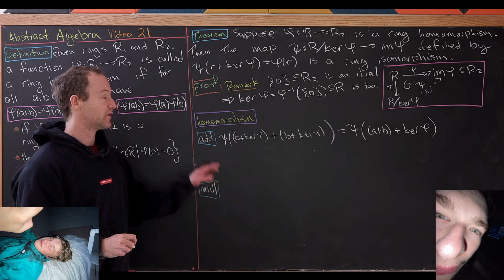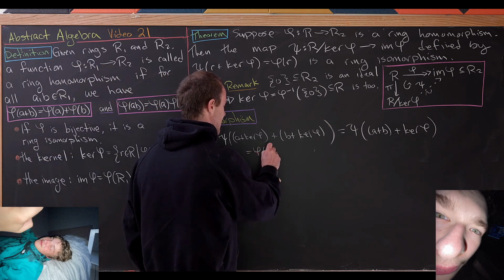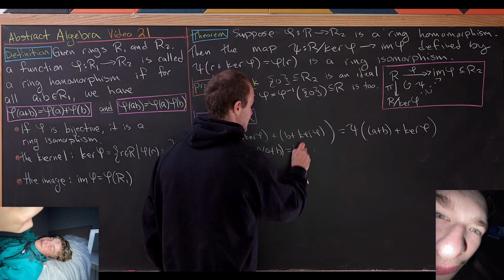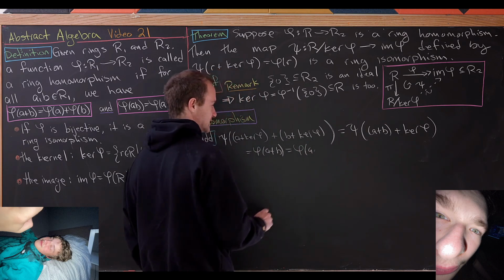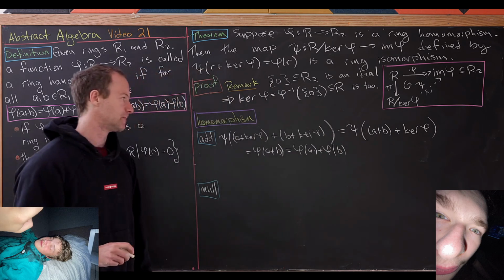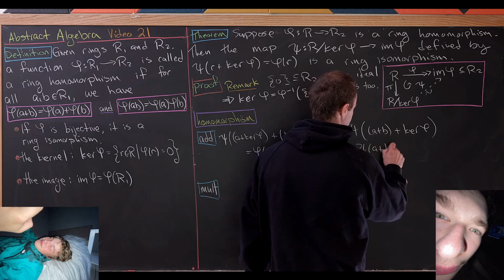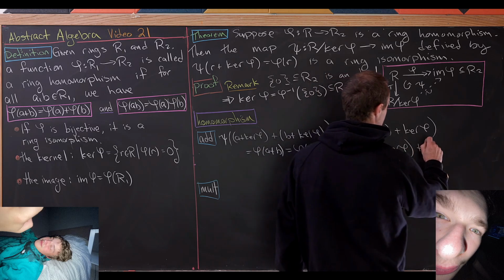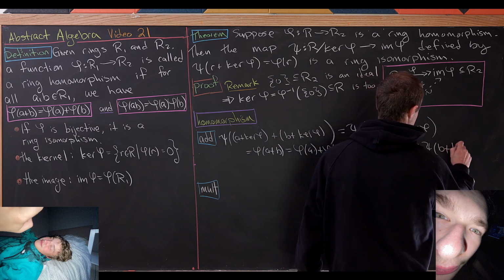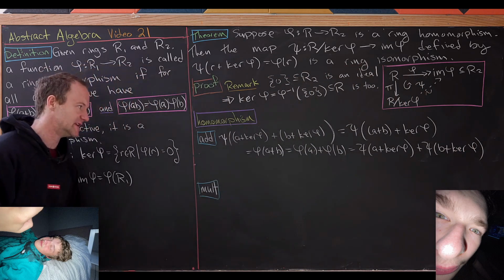But now we can apply the rule for psi, and that'll give us phi of A plus B. But then since phi is a homomorphism, that is phi of A plus phi of B. But now that's exactly what we want it to be. That is psi of A plus kernel phi plus psi of B plus kernel phi. Okay. So the additive property is satisfied.